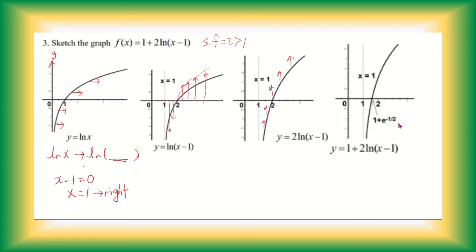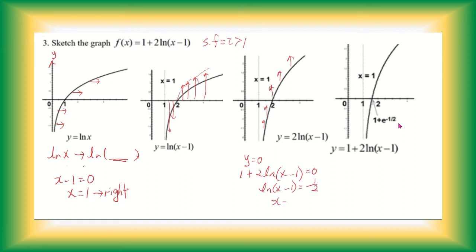In order to calculate the new x-intercept, we substitute y equals 0. So 1 plus 2 ln(x minus 1) equals 0. ln(x minus 1) is equal to negative 1 over 2.